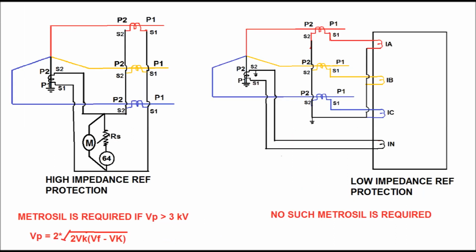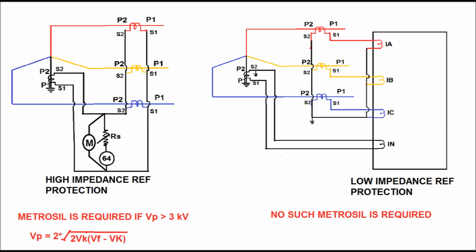So in case of high impedance REF protection relay, since a resistance is used in series with the REF protection relay, under internal fault condition there is a possibility that the peak voltage developed may be greater than 3 kV. If this peak voltage developed under internal fault condition is greater than 3 kV, then a Metrosil is required in order to safeguard the relay.